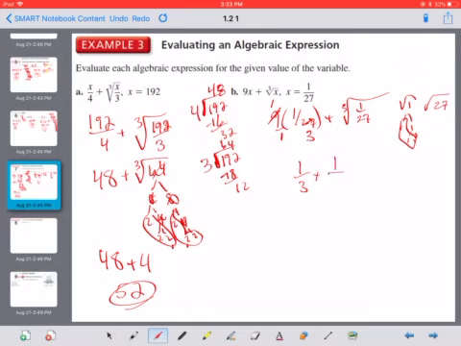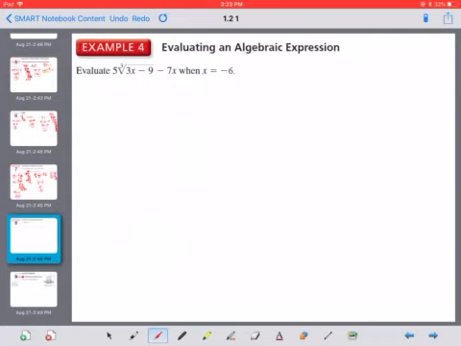The cube root of 1 is 1. For 27, let's see, 3 and 9, 3 and 3. There's my cube, comes out 3, so that's 1/3. 1/3 and 1/3, the denominator's the same, so add the tops. 1/3 and 1/3 makes 2/3.